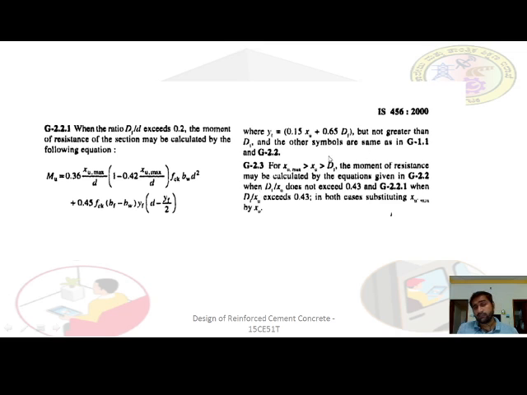If the section is under reinforced, for that also they have given equations. So when XU is less than DF and when XU is greater than DF, we have to calculate DF by XU. If it is less than 0.43, use the equation G 2.2, which is the previous slide.